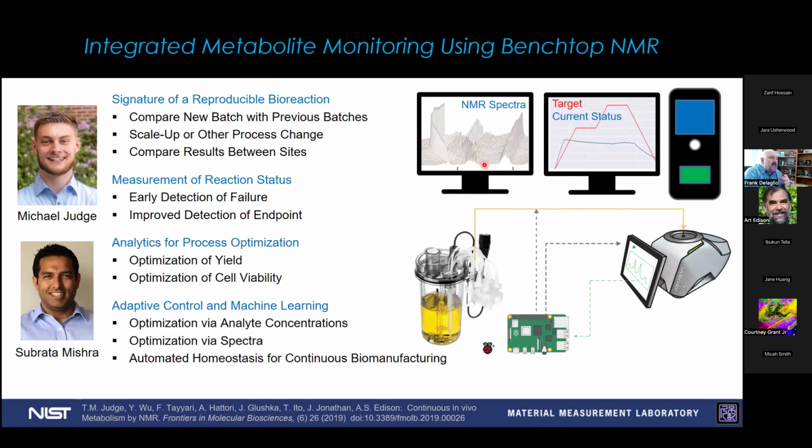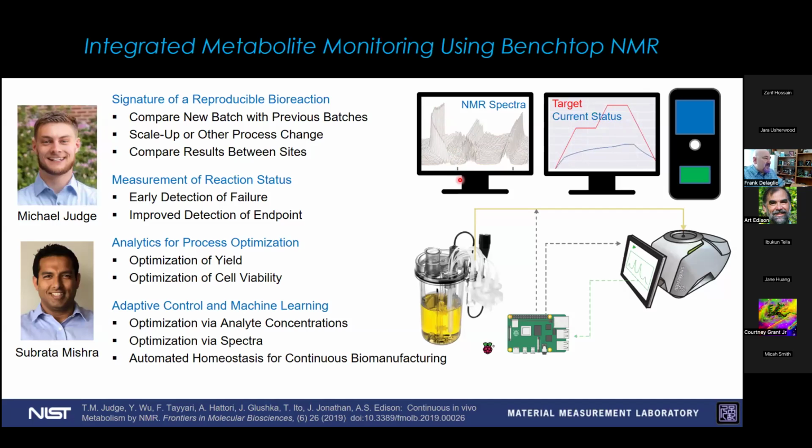And there are many different things that such a time series could be used for. Very simply, even if we don't analyze it in any particular way, a series of spectra that we measure during a bioreaction is like a signature of the bioreaction. And so we can use it just to compare the time series that we get with one batch to the time series that we measured with a previous batch to see if anything different is happening.